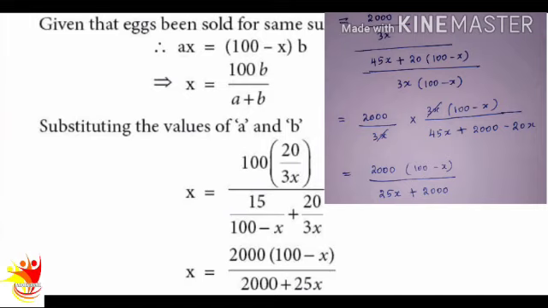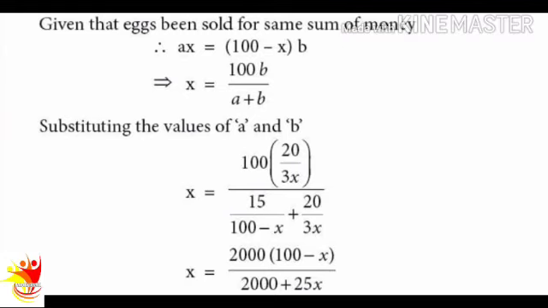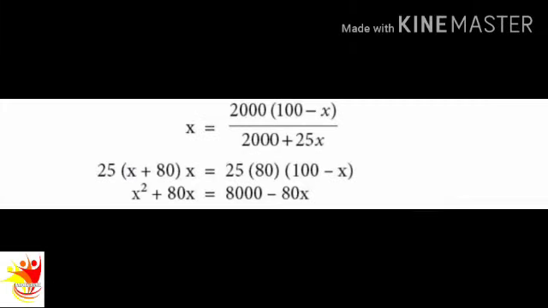2000 divided by 3x into 3x into 100 minus x divided by 2000 plus 25x. Now 3x is cancelled, remaining x equal to 2000 into 100 minus x divided by 2000 plus 25x.